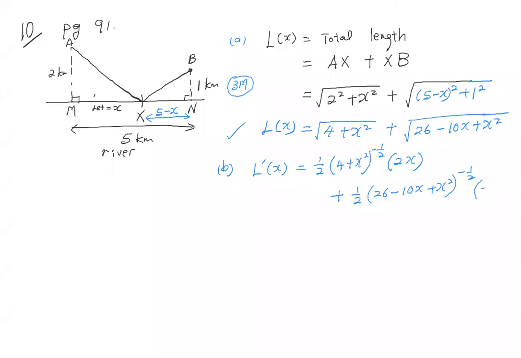Okay, so negative 10 plus 2x. So you simplify.